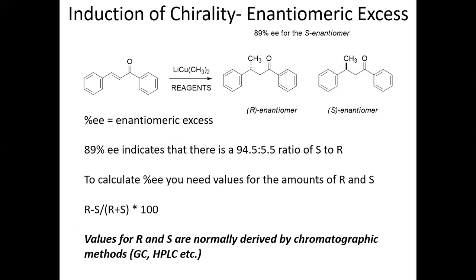The way to calculate it is that little equation at the bottom: R minus S over R plus S, times 100. So it'd be 89% for this particular reaction. It's important to be able to calculate that, because that's how you know how efficient your catalyst is and how good it is at creating a bias in the transition state to give you one enantiomer or one stereoisomer over the other.